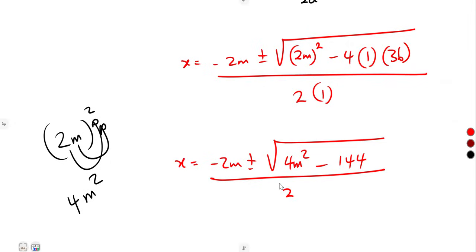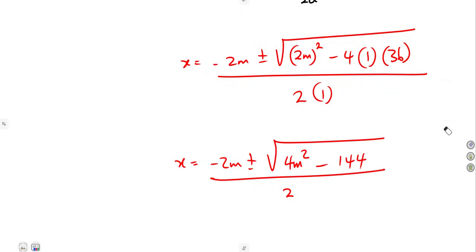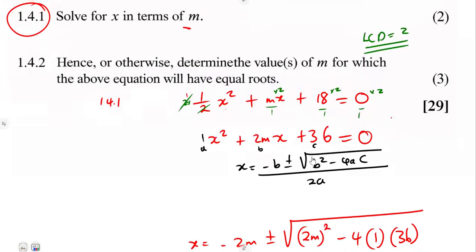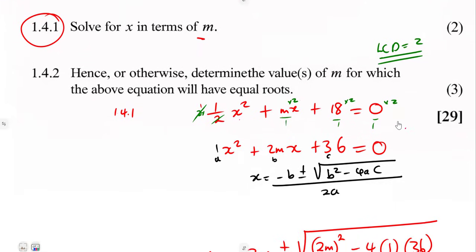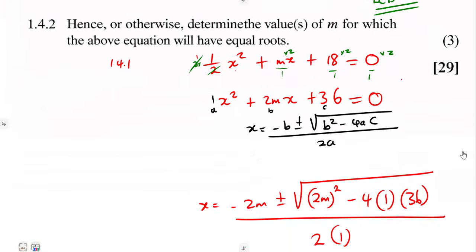Can we solve this further? We can just leave it like that. We have our answer in terms of m. Remember, they said we must solve in terms of m for 2 marks. It will be fine.